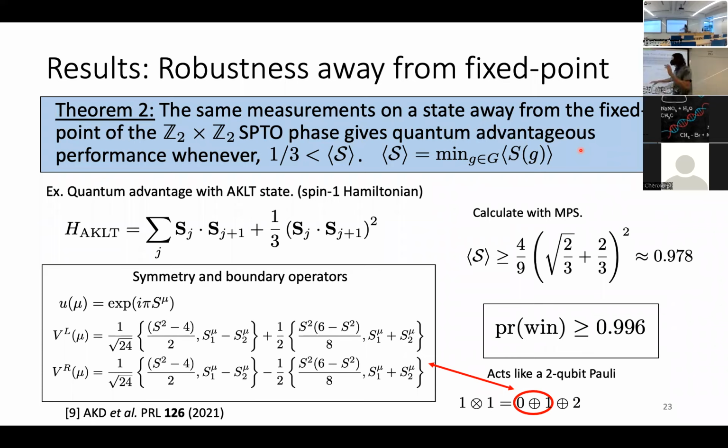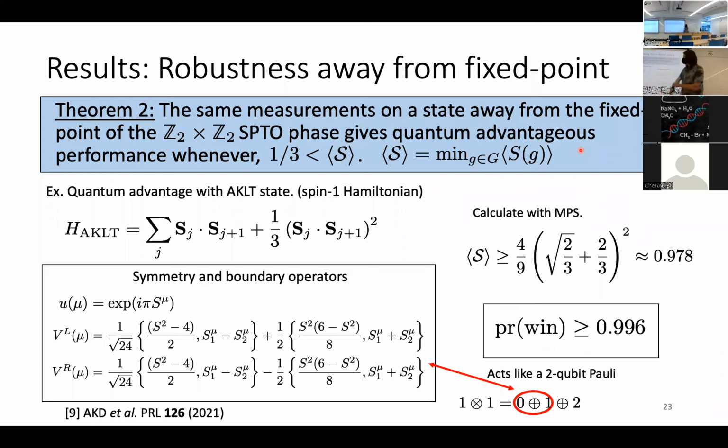They look a little bit nasty just because I decided to write them in terms of spin observables, but all that they really are is this: taking the 2-site Hilbert space of 2 spin 1 particles, we know that the total angular momentum can be written as a singlet, a triplet, and a quintuplet. Essentially these operators just act like the left and right ends of one of these cluster state stabilizer terms that act on a 2-qubit Hilbert space in this 4-dimensional subspace of the 2 spin 1 Hilbert space.